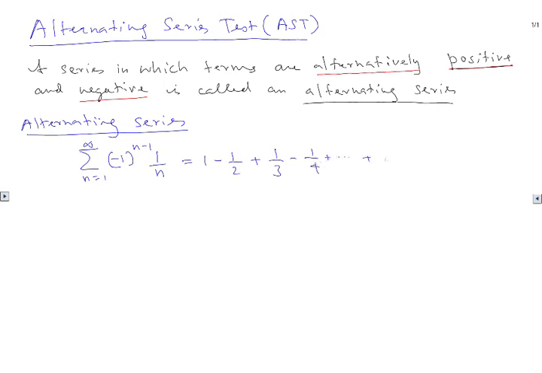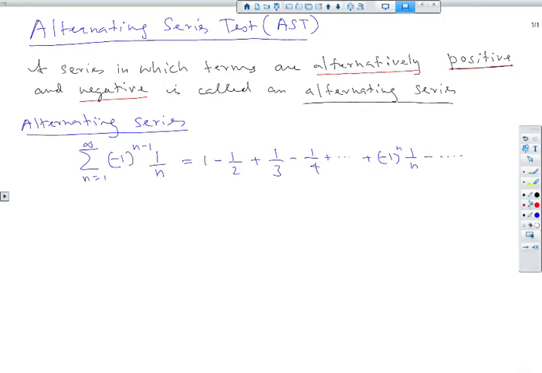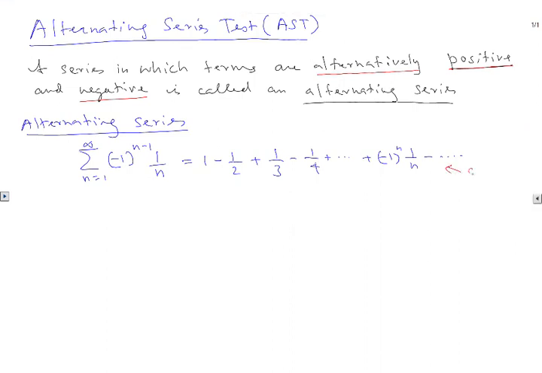The general term is negative 1 to the n minus 1 times 1 over n. Later, we can show that this series is going to converge.